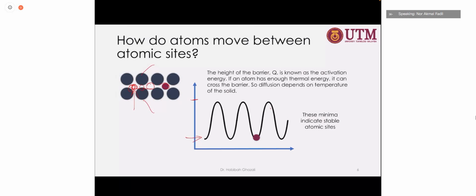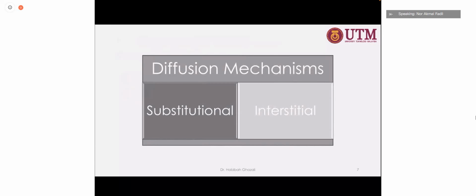If an atom has enough thermal energy, it can cross the barrier. So diffusion depends on the temperature of the solid, whether it is a high or low melting temperature, whatever the thermal properties of the material. Maybe a slight induction of heat can excite the atoms, or maybe it requires more, depending on the material. So there are two mechanisms by which atoms move or diffuse.